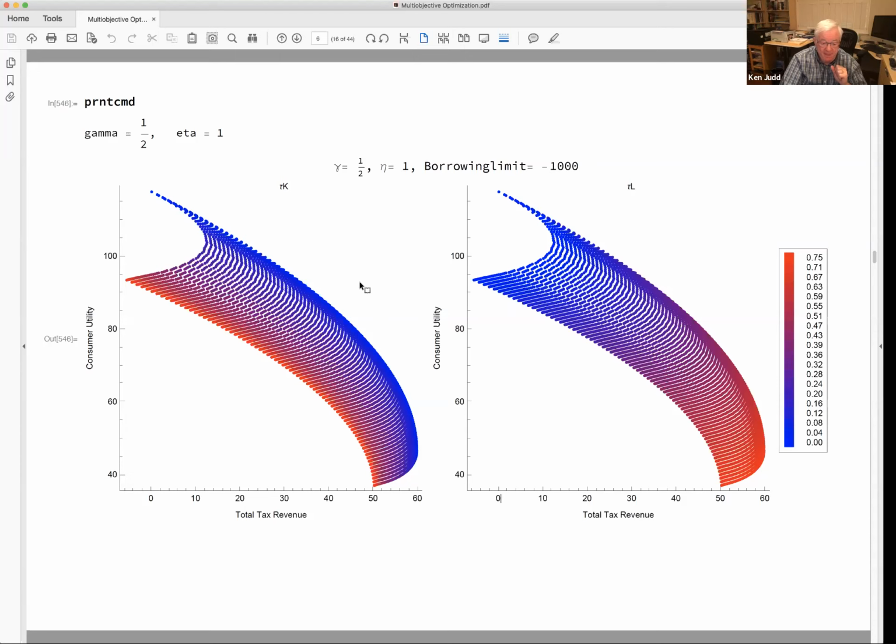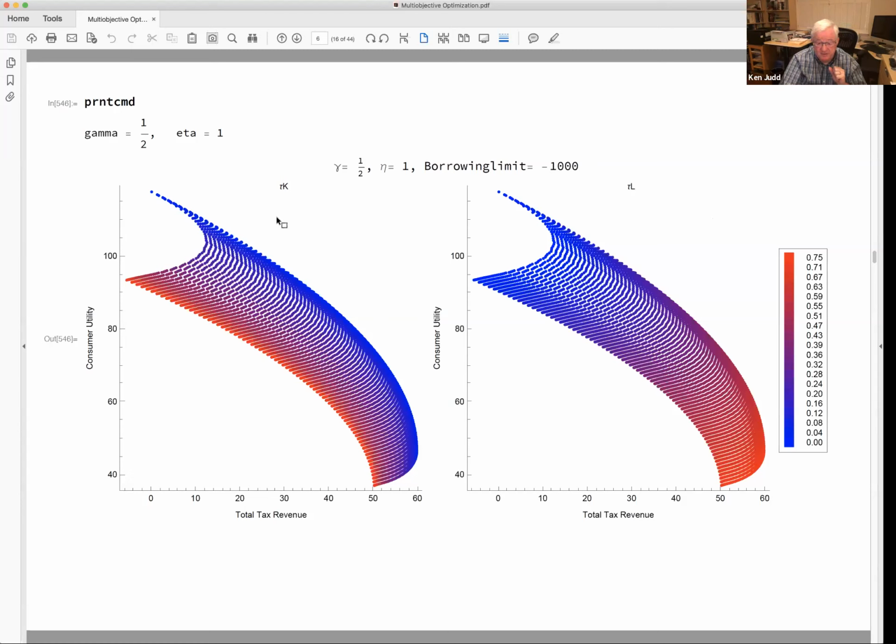Now, notice that the labor tax rate looks like what you think. Look at the Pareto frontier. Basically, as revenue increases, the labor tax rate gets higher and higher, which is signified by the redness.